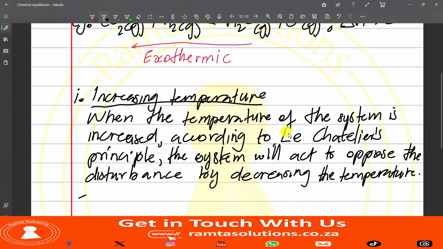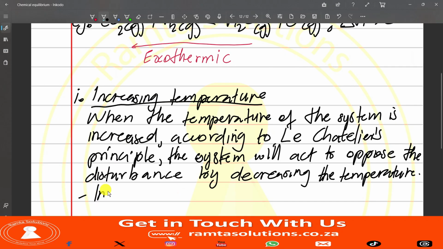Okay, all right. So now we will have to be careful here. So decreasing temperature, we said it favors the exothermic reaction, right? But it's fine. You don't have to state that.